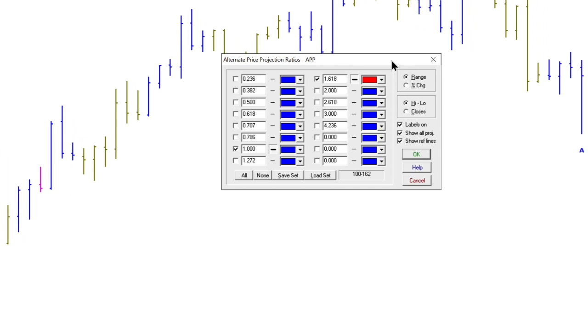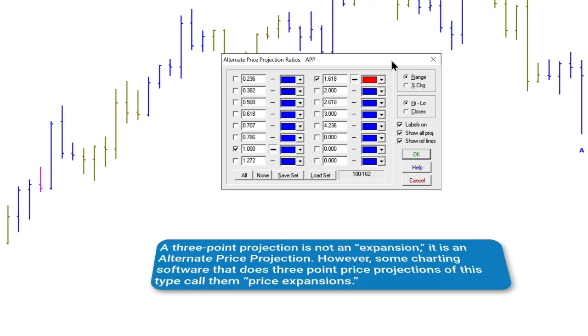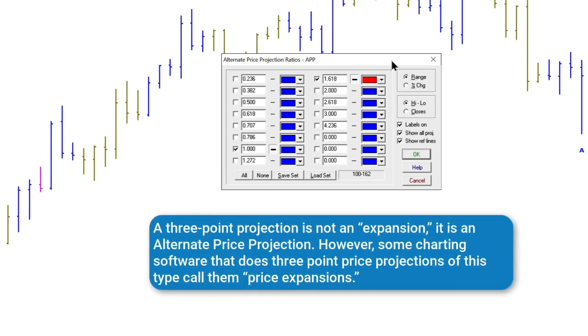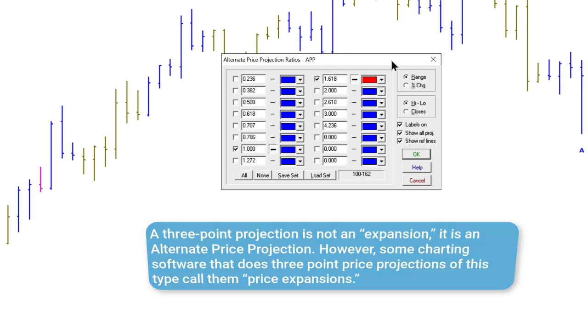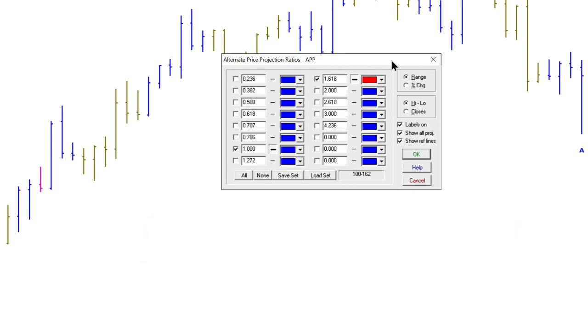However, it's important, and I should have mentioned this earlier, there's a lot of software, as well as traders, analysts and so-called educators, that call the 3-point alternate price projections price expansions. They're not expansions. There's a different price relationship that is related to expansions.